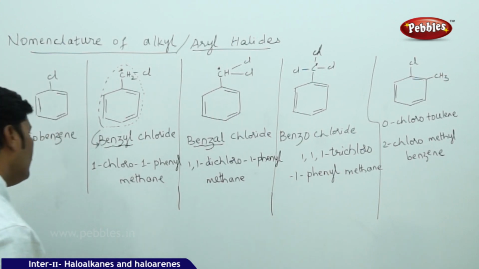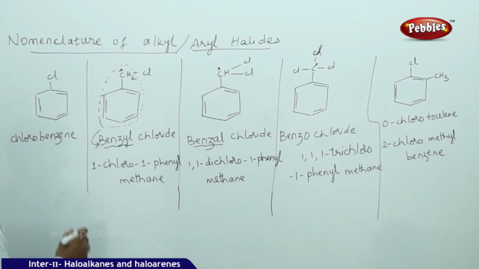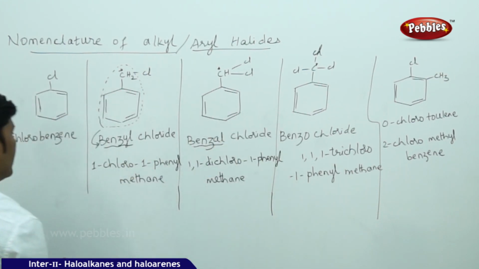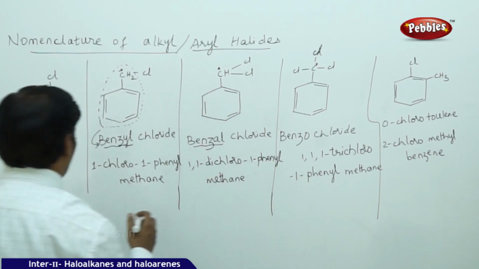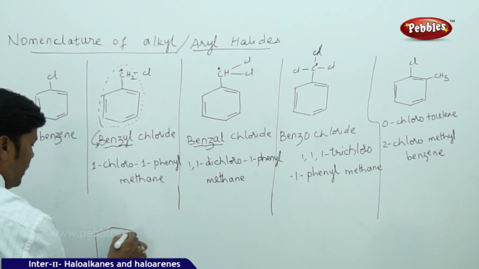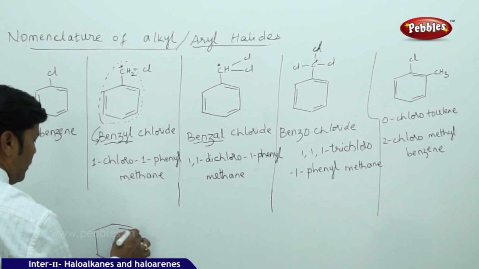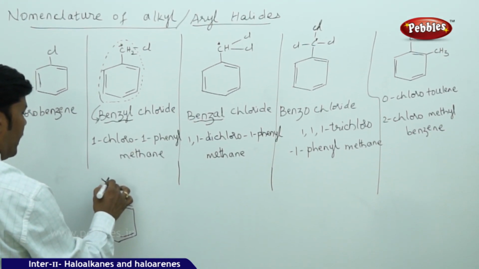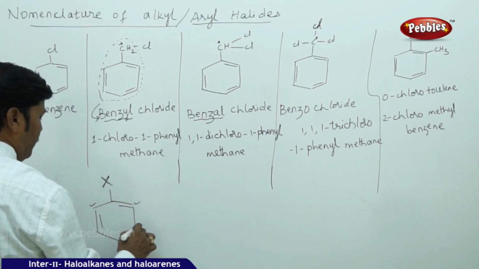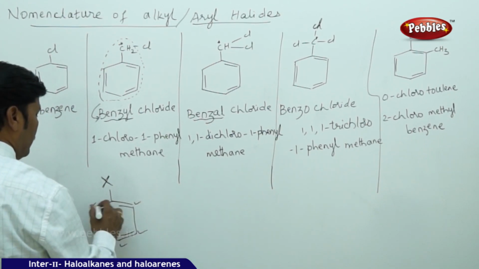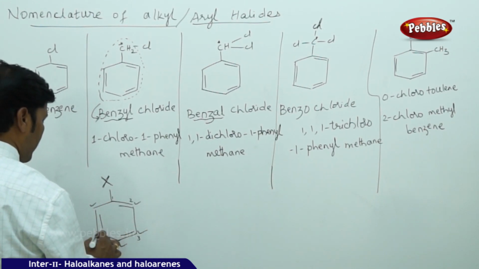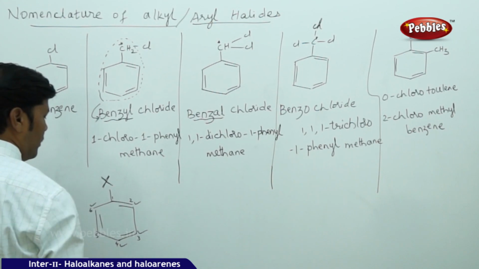Benzene. And what is interesting here is, all this comes under the aromatic compounds, and if you go for the benzene ring, you know pretty well that if X is the halide, say this is 1, this is 2, this is 3, this is 4, this is 5, and this is 6 on the benzene ring.